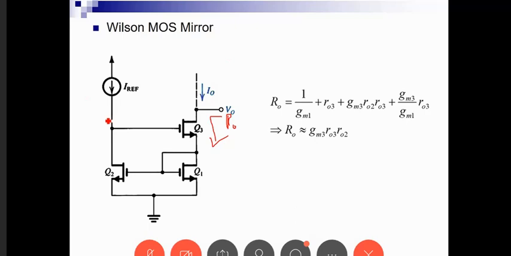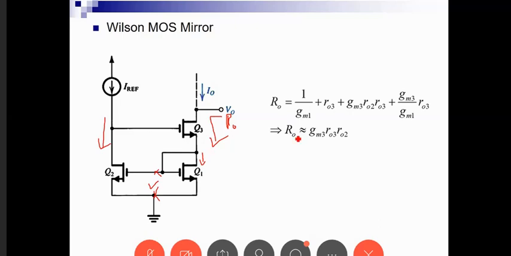The same current will flow here if these share the same VGS or the same VOV, and if they are guaranteed in saturation, half K prime W by L VOV squared will be the same. So the same current flows on this branch.